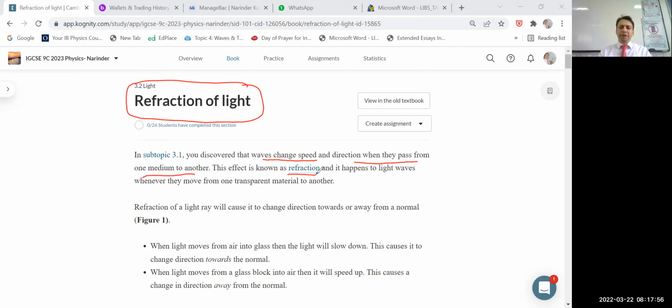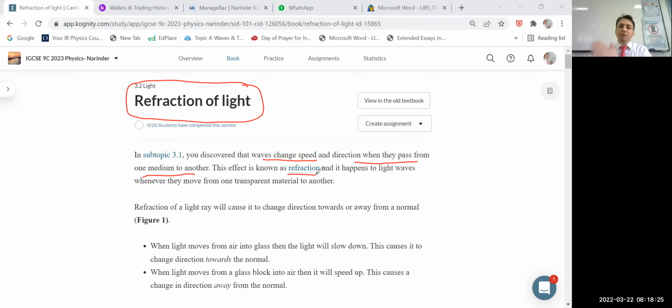Objects change their speed and direction when they travel from one medium to another medium. Here we are talking about refraction in light: light coming from the sun, radiation coming from the sun, light coming from a laser light, light coming from a bulb.